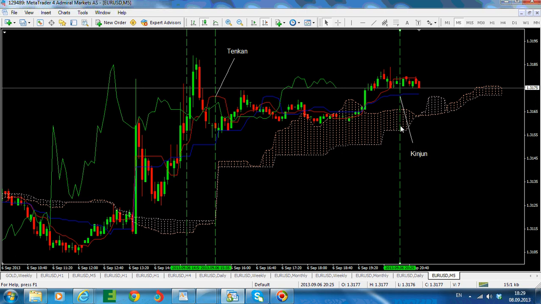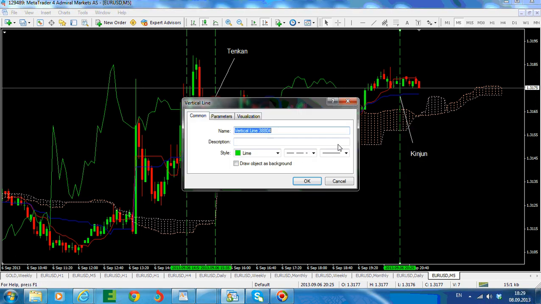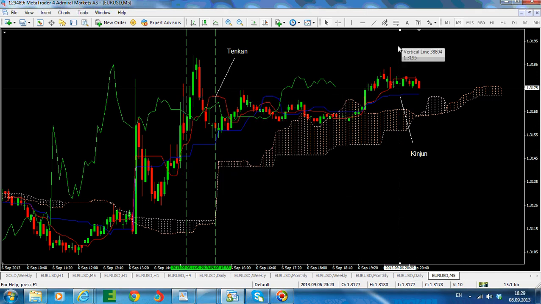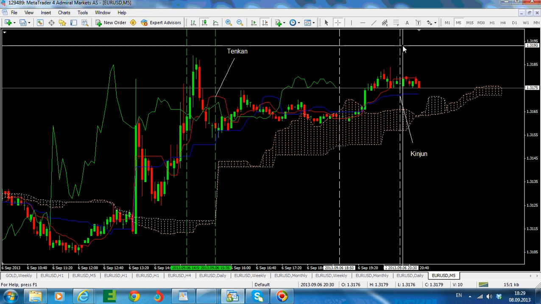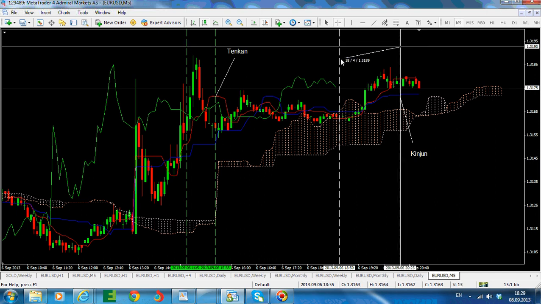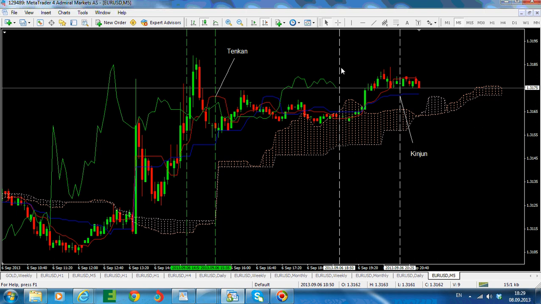Let's try to change the color, so that we know we are talking about Kijun. So we're looking at 26 periods from this moment on to the left side. Let's try to identify the exact 26. Basically it should fall somewhere around here.